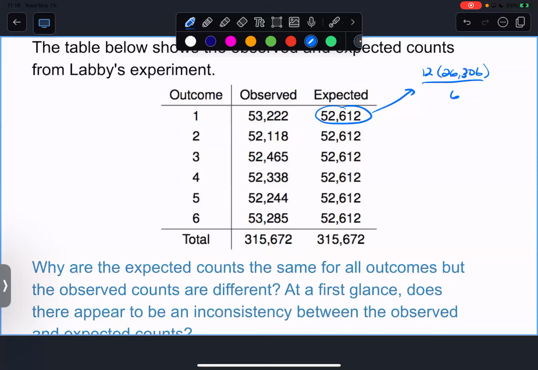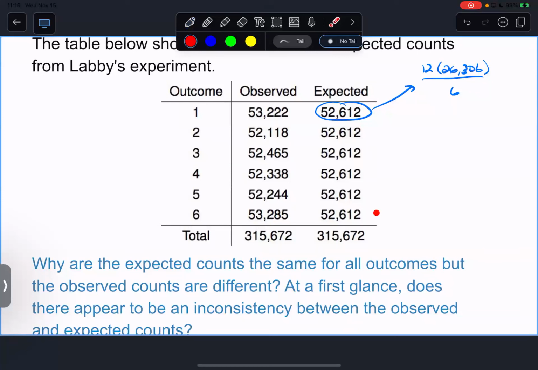And that expectation is the same for each of these categories because we expect each side to be equally likely. That can change, but we're learning the ropes here. So in this case, these expected values are all the same because we expect an even distribution.